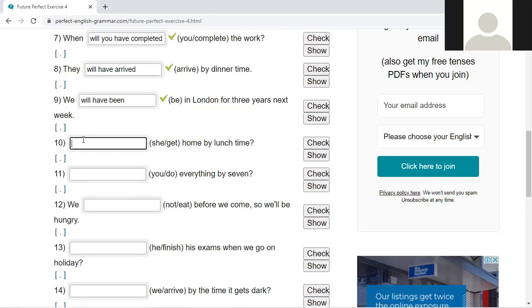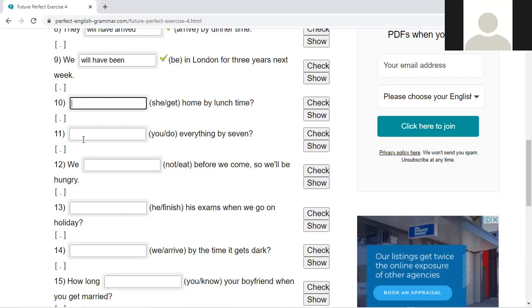Okay, number 10. It's a question, okay? Will she have gotten, no? Es gotten, perdón, sí. Gotten home by lunchtime. Okay, very good. No, why not? Will she have got? O es nada más got. A ver. Ah, sí, es got. Bueno, es que puede ser got o gotten, cualquiera de los dos. All right, number 11.